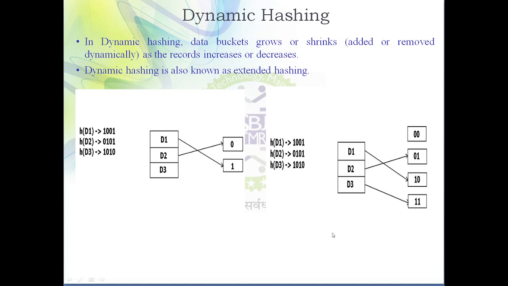So in this way, in dynamic hashing, the problem of the database growing or shrinking can be solved. Earlier I had no bucket available for storing search key D3, but here I have created one and can easily store it. This is the benefit of dynamic hashing over static hashing.